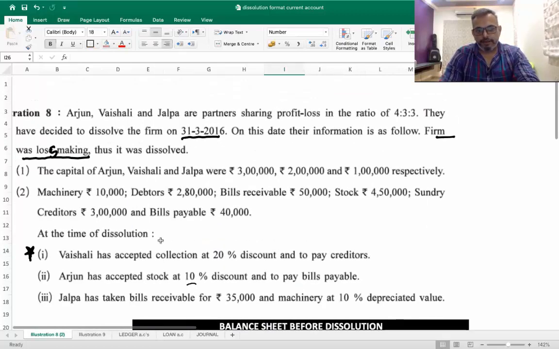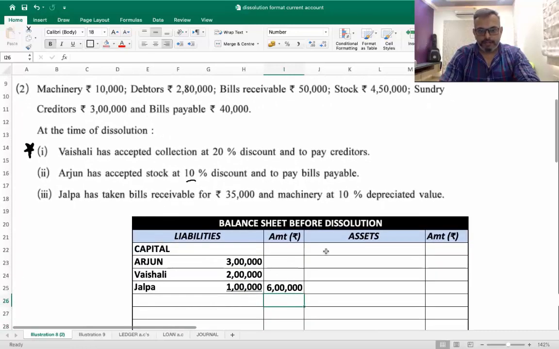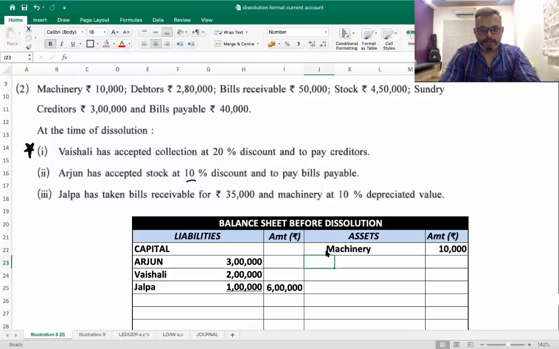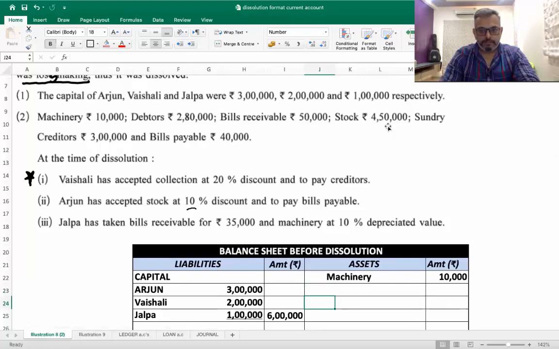Next, what other information is given? Let's start placing it. Machinery 10,000. Then debtors 2,80,000.